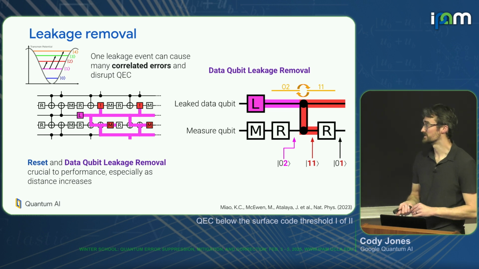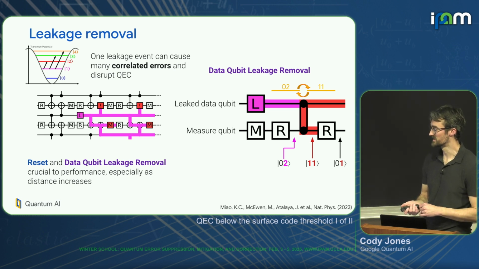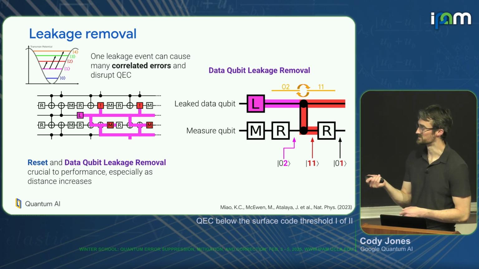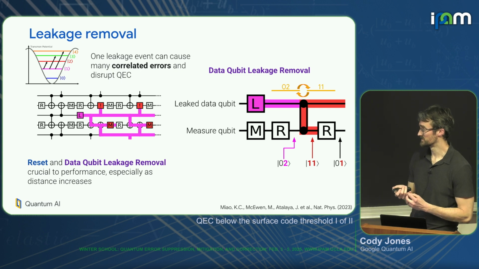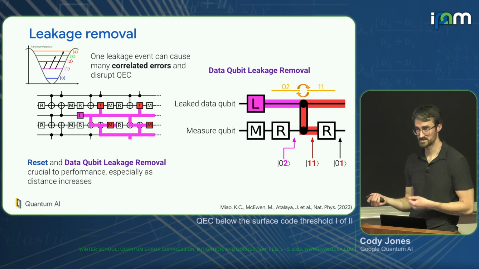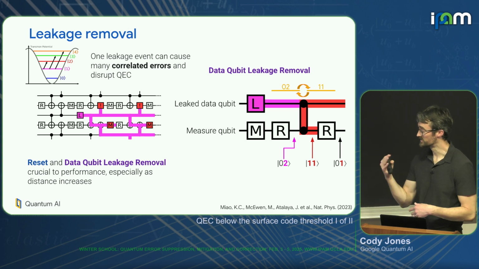So I promised that there was a spoiler for this lambda story, and there's actually several, but only one I'll talk about today, which is leakage. So in our circuits, I mentioned these are anharmonic oscillators. That means that they're not restricted to the 0 and 1 states. They can occasionally escape into these 2 states or 3 states, higher excited states.